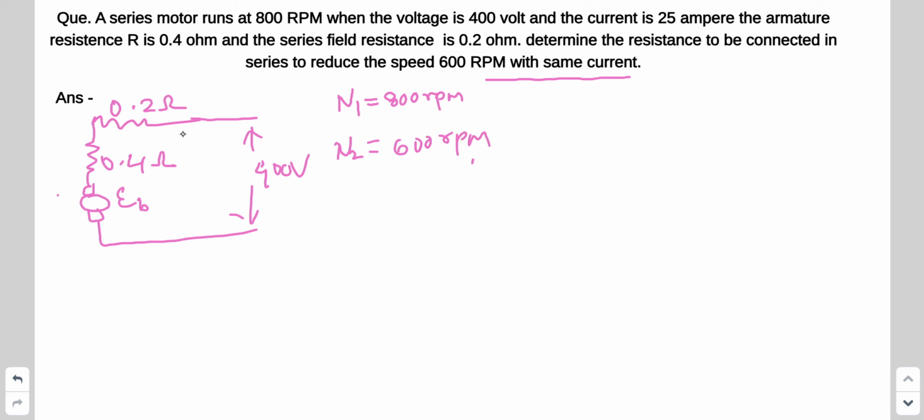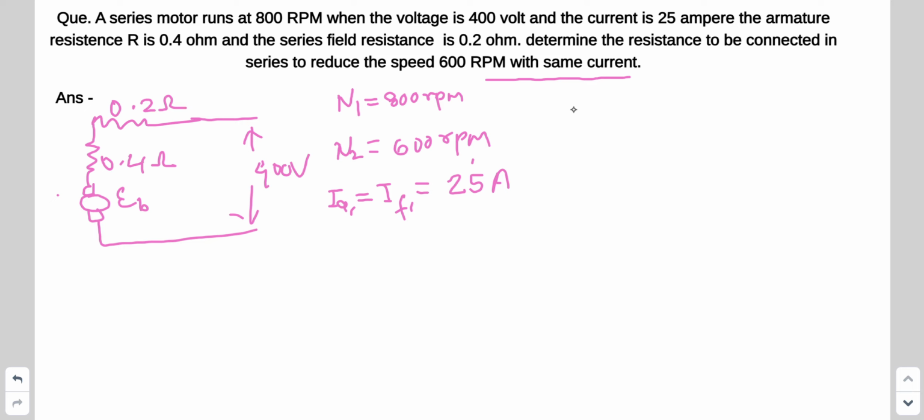Here we know that this is a series DC motor, so IA1 will be equal to IF1, because the field current and armature current will be the same. This is given as 25 ampere.